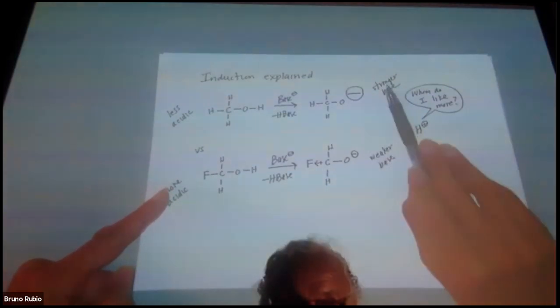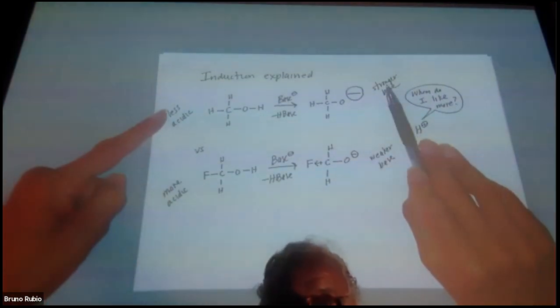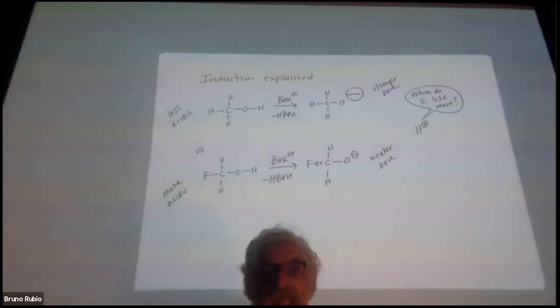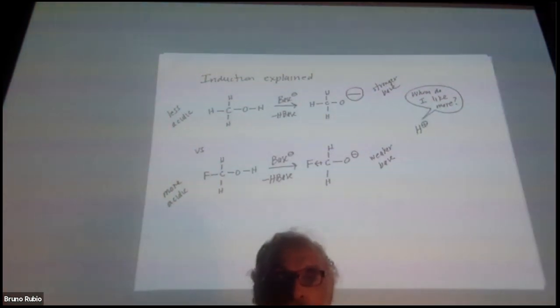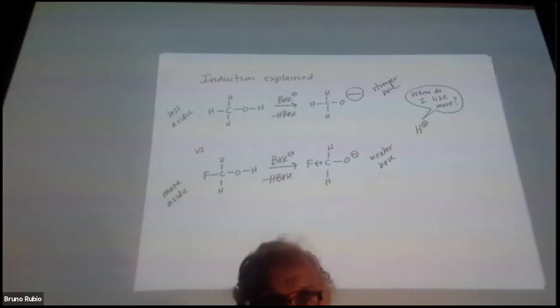A strong base has a weak conjugate acid. And so we see that this is the explanation of why an electron withdrawing group increases acidity, because an electron withdrawing group is going to diminish basicity. It's going to make for a weaker base, and that counterpart is a stronger acid.